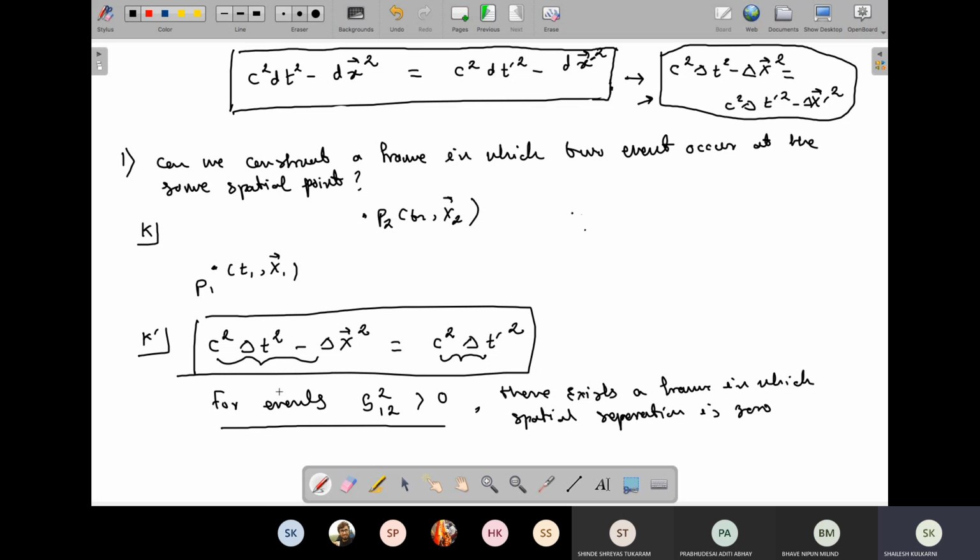Okay, so for events like these which satisfy this, there always exists a frame in which you can make the spatial separation between these two events 0.